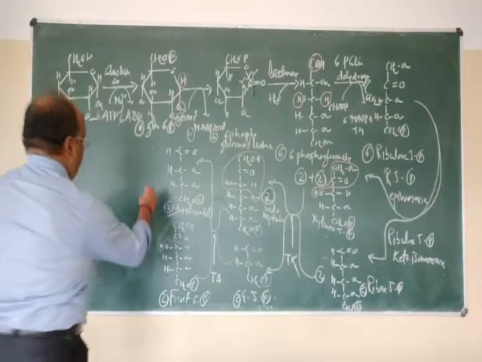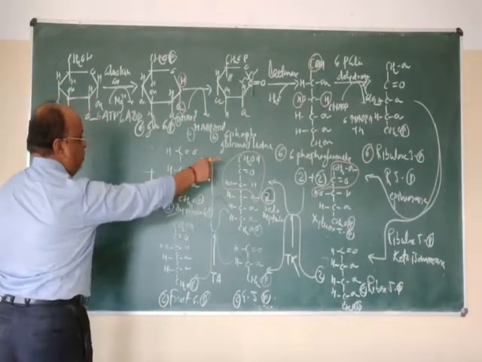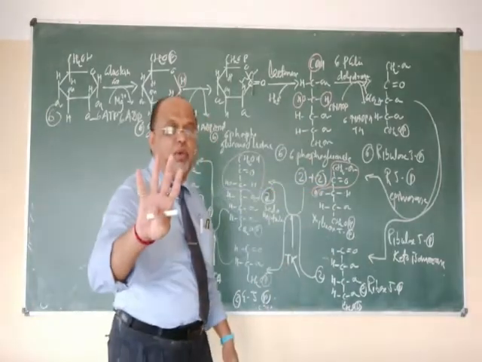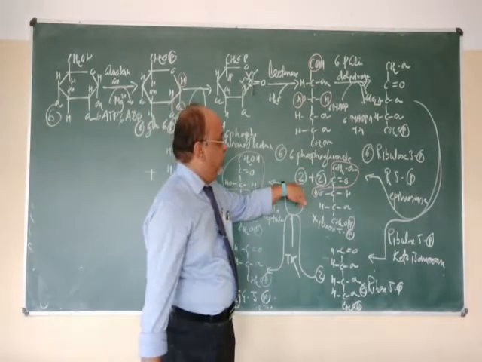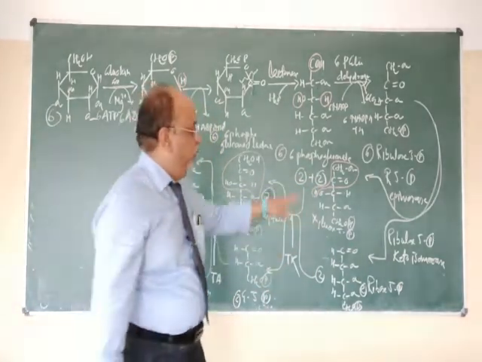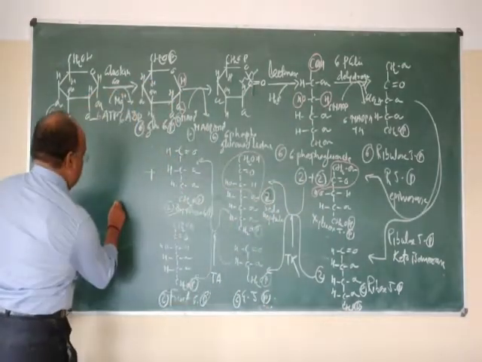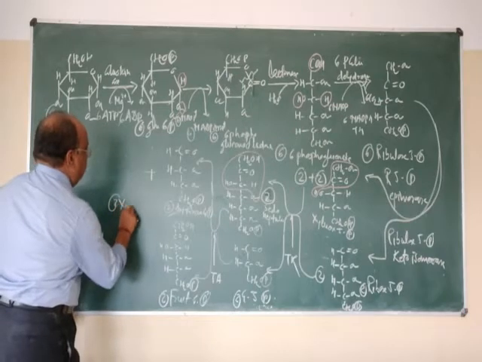So we got here the structure. How many molecules of xylulose phosphate were there? There were 4 molecules of xylulose phosphate. But out of these 4, 2 were already used. Now 2 are remaining.